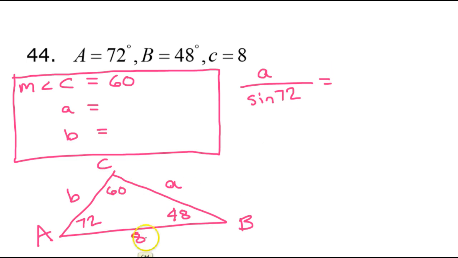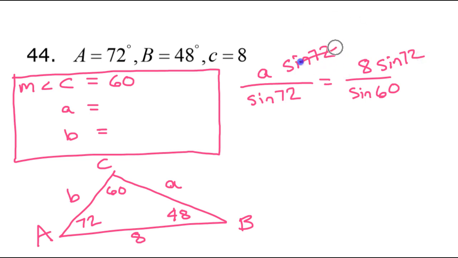So side C over the sine of angle C. So this is my equation. If I multiply both sides by sine 72, these will cancel out, leaving A by itself.